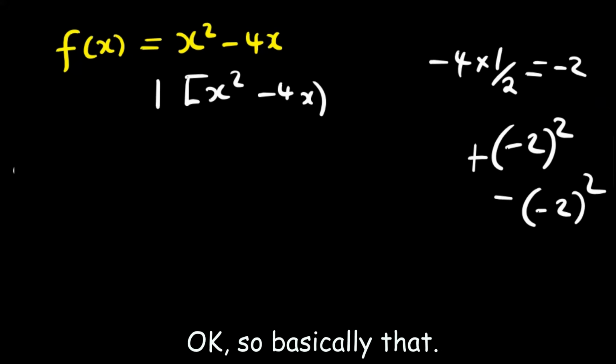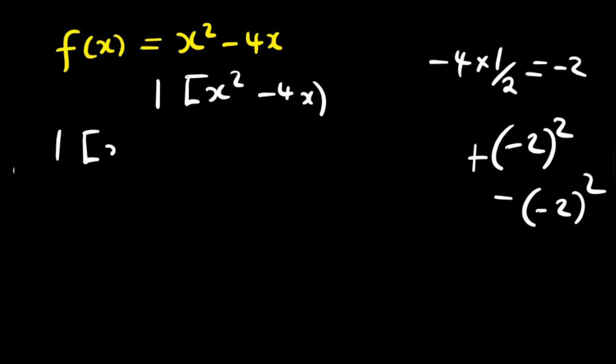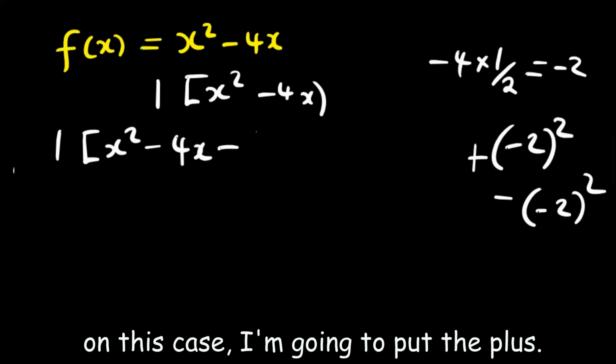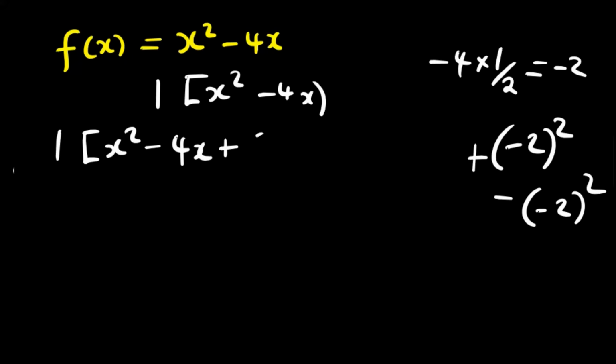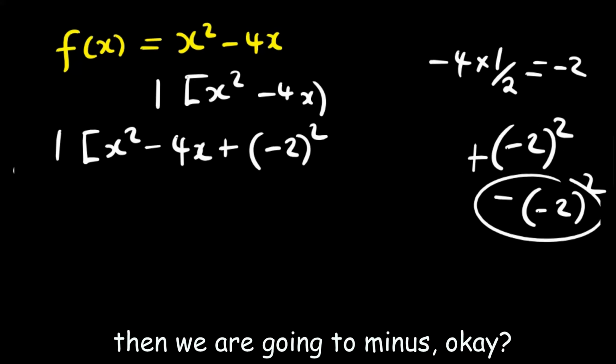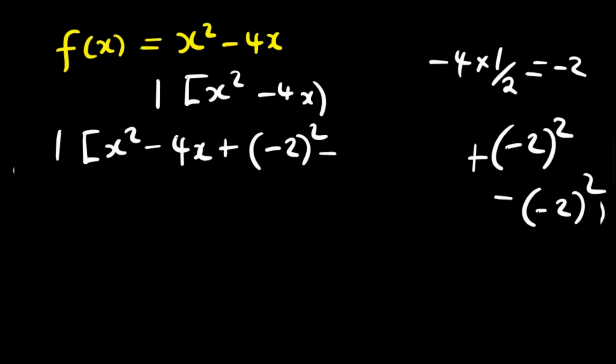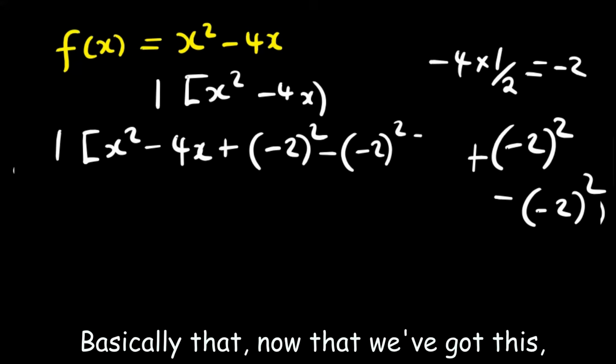Okay, so basically that. Now if I'm going to express this, I'm going to have x squared minus 4x, plus, so we're going to add this, negative 2 squared. Then we're going to minus negative 2 squared.